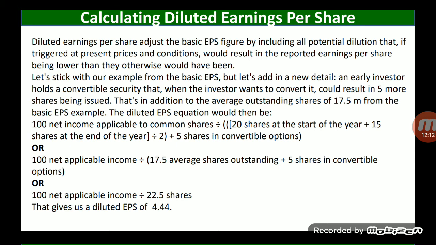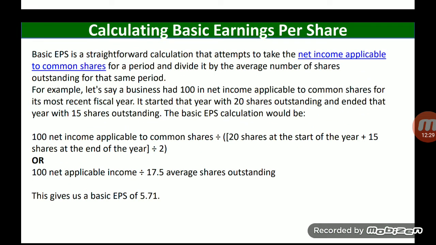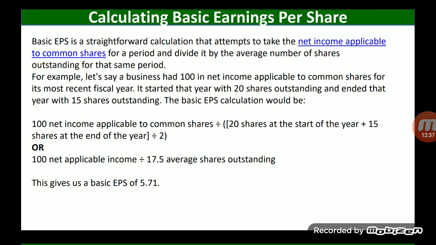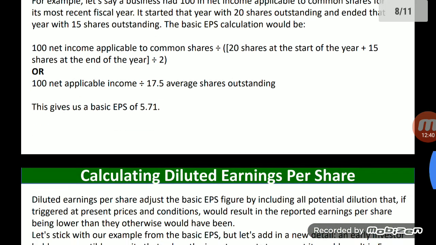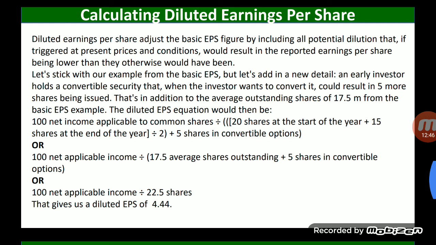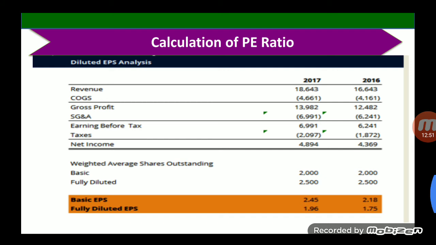Now 100 net income divided by 22.5 shares gives us a diluted EPS of 4.44, which is less than 5.71 in the basic EPS. So keep in mind the diluted earning per share is less than the basic earning per share, which is here 4.44. Now let us discuss a practical example.